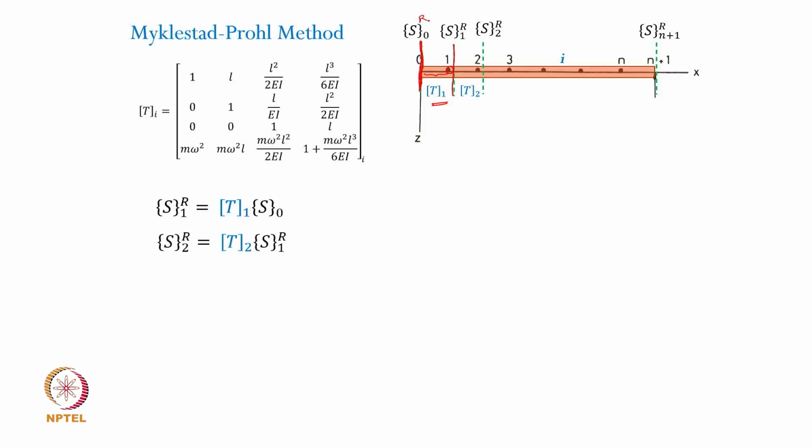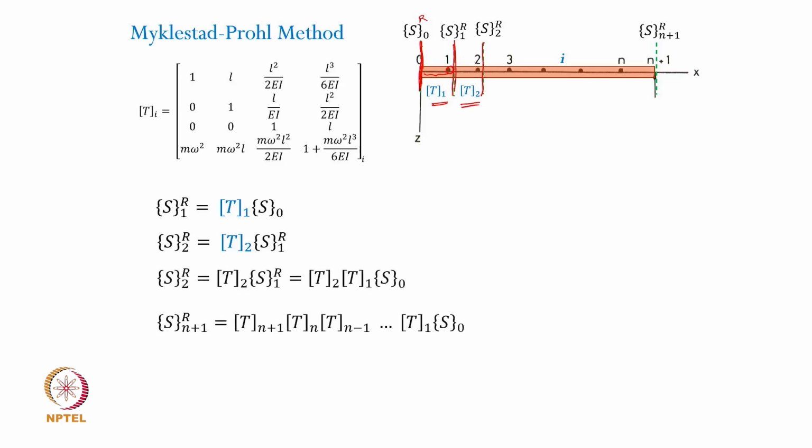So S2 will also get related to S1. Similarly, this state vector is related to this state vector through the transfer matrix T2, and so on. So you just keep replacing this particular state vector from this relation, so you get T2 into T1 and so on. You can therefore now relate the extreme right side state vector with the extreme left side state vector through all these transfer matrices.